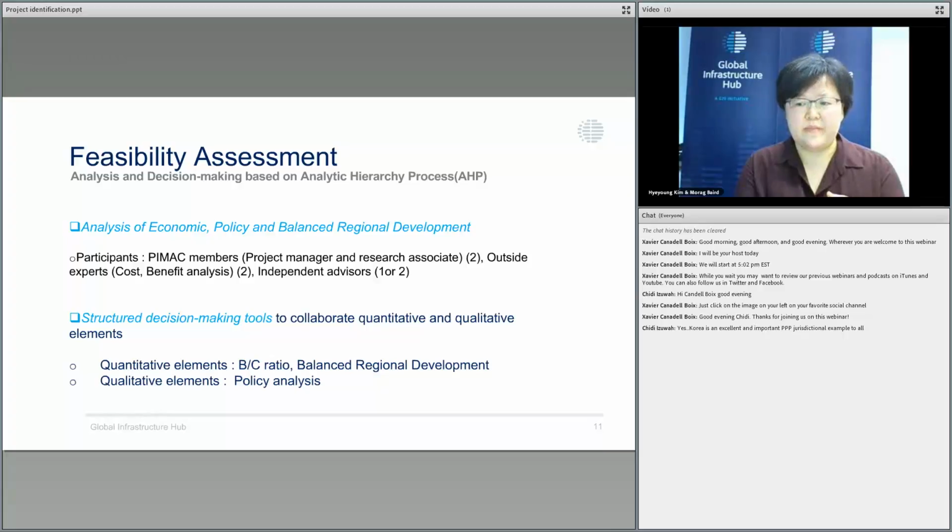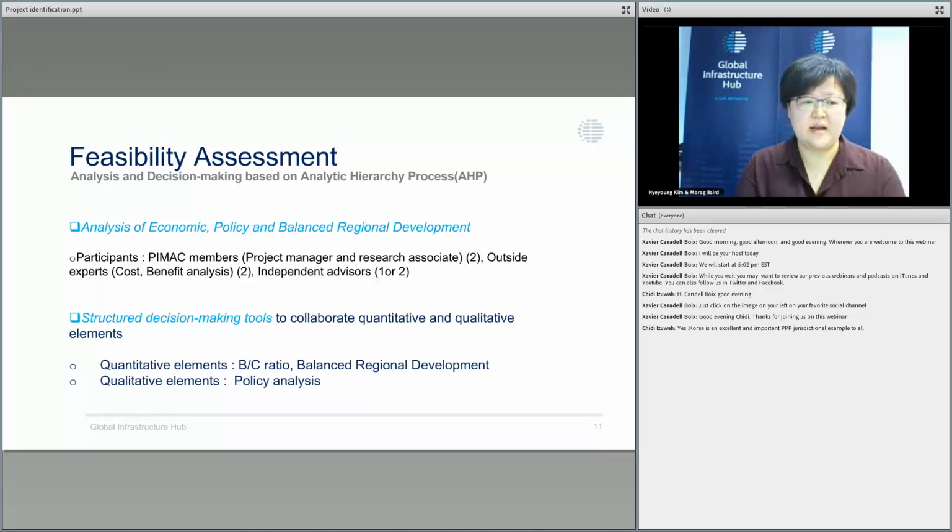So we use the analysis of economic, policy, and balanced regional development elements. PIMAC members, normally 2, outside experts, normally 2, and independent advisors, 1 or 2 members, make up the analysis team for feasibility assessment.